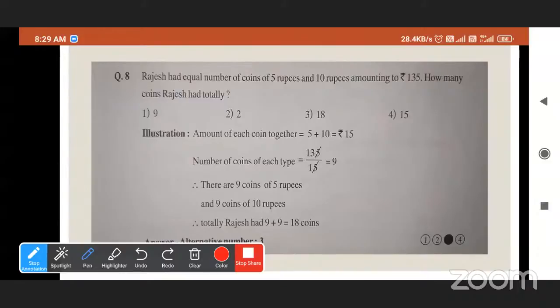So there are 9 coins of 5 rupees and 9 coins of 10 rupees. So Rajesh had 9 plus 9, that is 18 coins in total. So the third option is right.